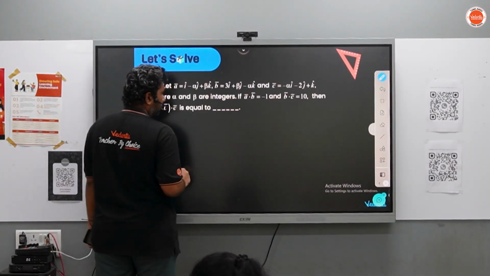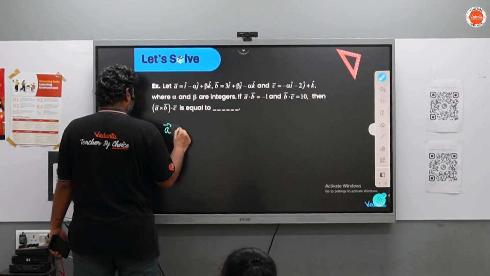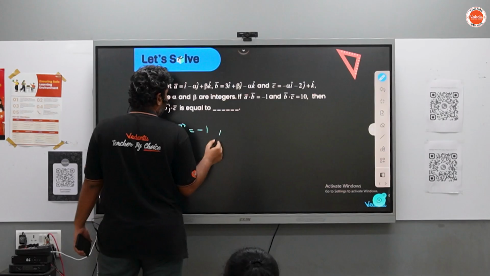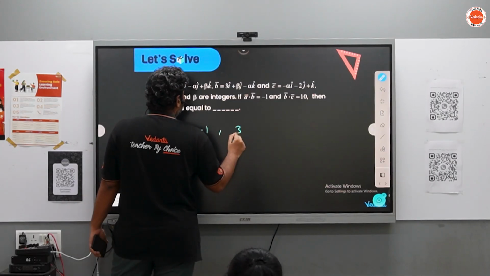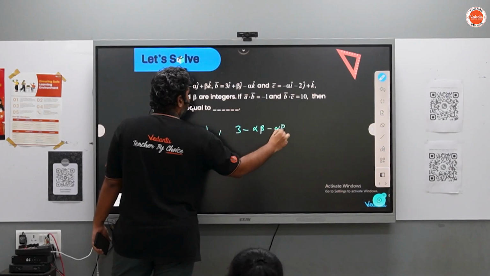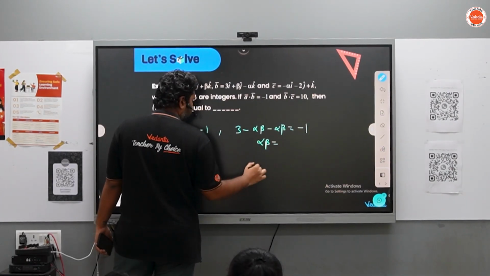So any answers? A vector dot B vector was given as -1, so we just take the dot product. What do we get? 3 minus alpha beta minus alpha beta equals -1. In that case alpha beta is going to be 2.